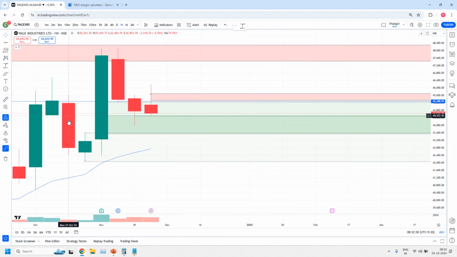See, this is a weekly zone, drop, base, rally. At the proximal line of the weekly zone, we have a daily zone confluence and also a 75-minute zone confluence. The confluence took place at the proximal line of the weekly zone.